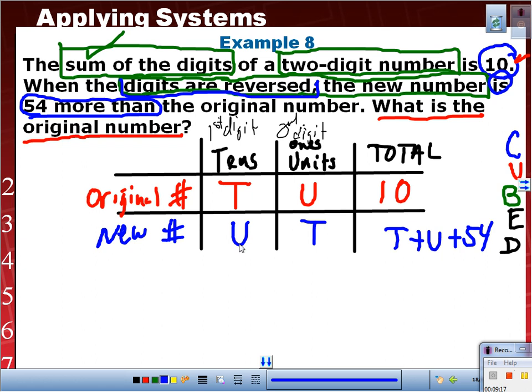Tens. So in order to distinguish that this is in the tens spot, I'm going to write a 10. Over here, from the original, this is in the tens, but just so that it can be written in the same format as this one, the first digit would be what? Times 10. Same format. Copy that.